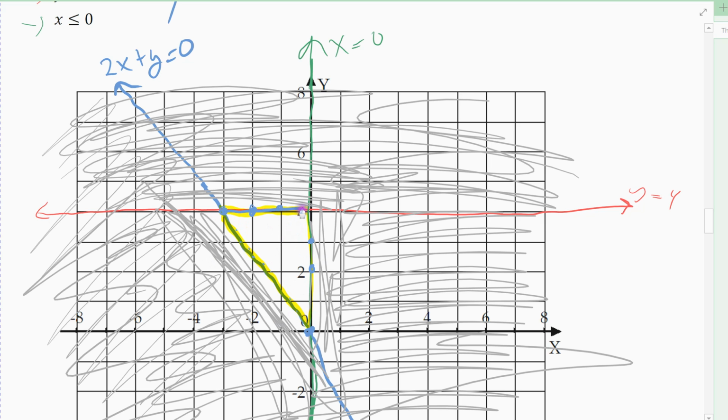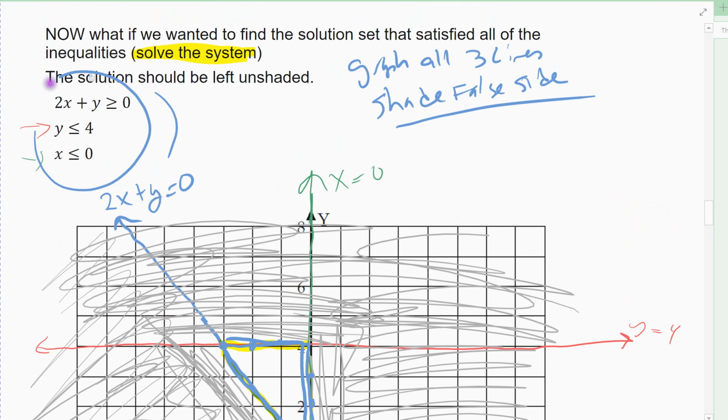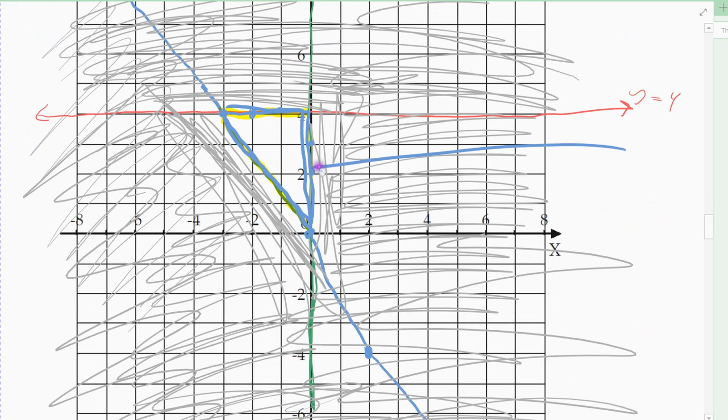Every point in this triangular piece, including the edges, solves the system. That unshaded region is the solution set. We're going to practice that in a few more examples.